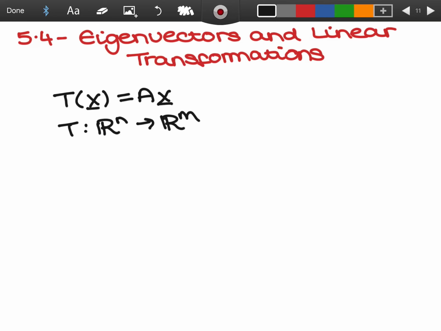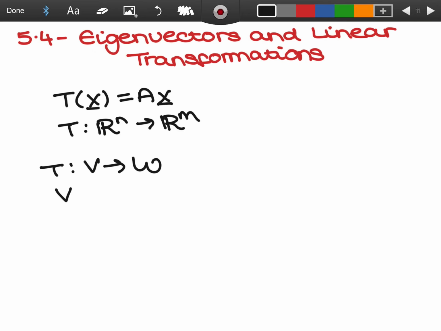The vector space V will have some basis B, and the vector space W will have a basis C. And we want to see how we can go between the two. So now we've got this linear transformation that takes the vector space V to the vector space W.